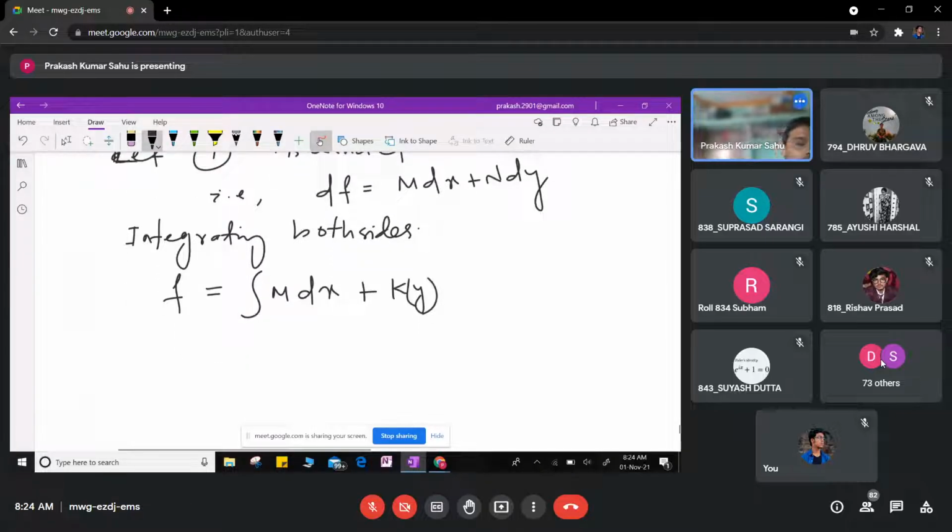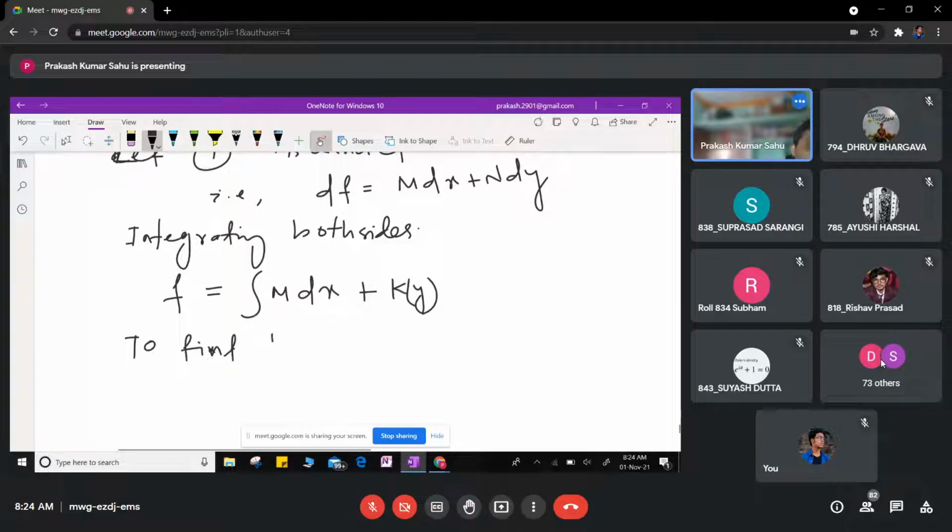So now, f is equal to the integration of m dx plus k of y. But how to find k of y, because k of y is unknown? Integrating m with respect to x, you can find. But how to find k of y?